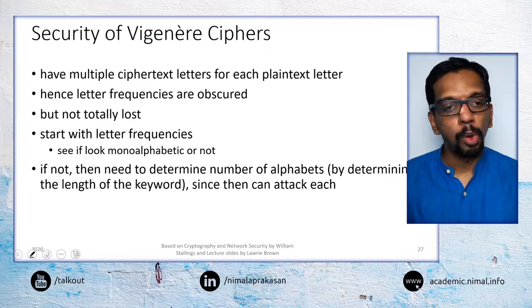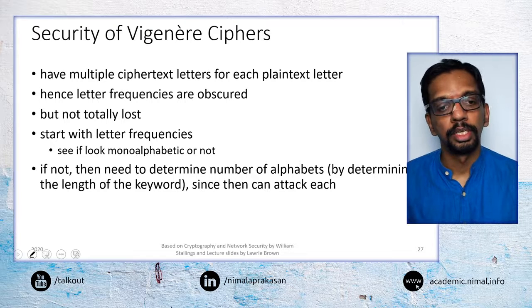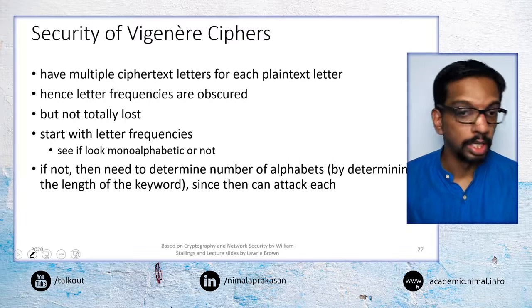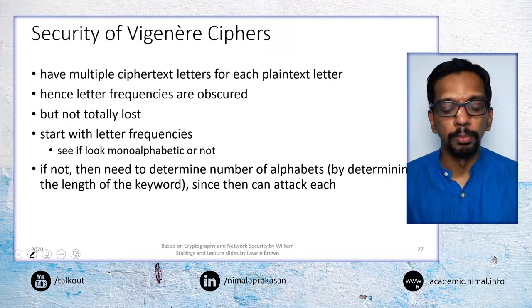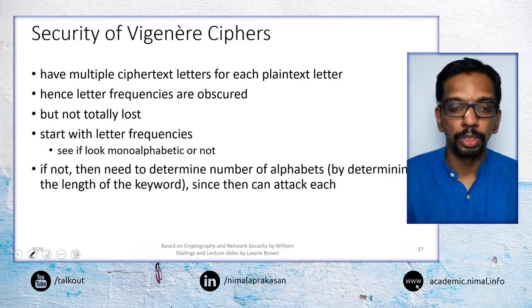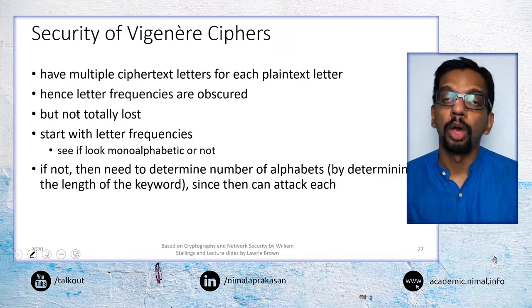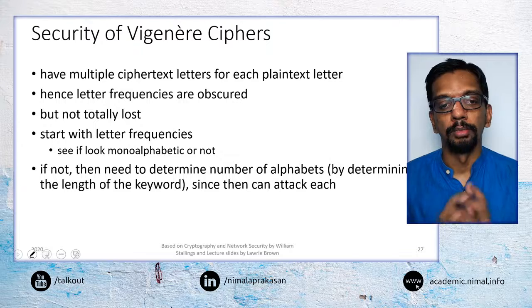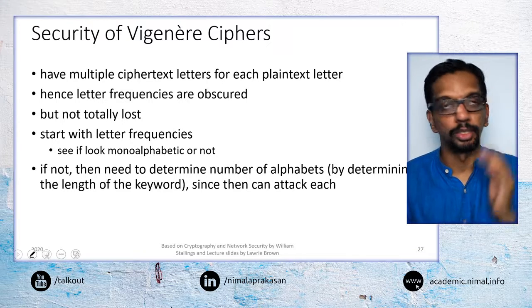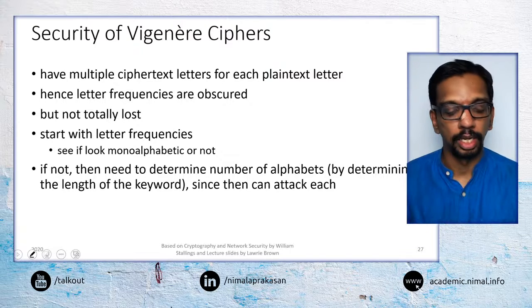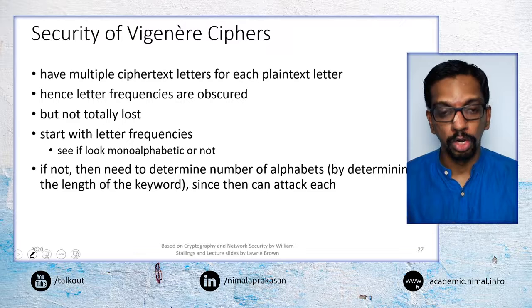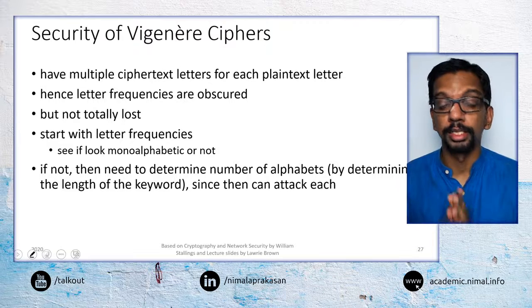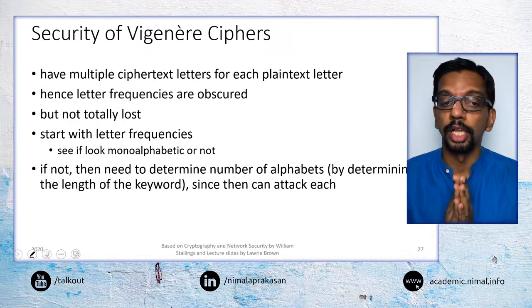Now when we think about the security of the Vigenère cipher, the security is significantly improved compared to the previous ones, because each letter has multiple corresponding ciphertext letters, and the keys are comparatively larger.